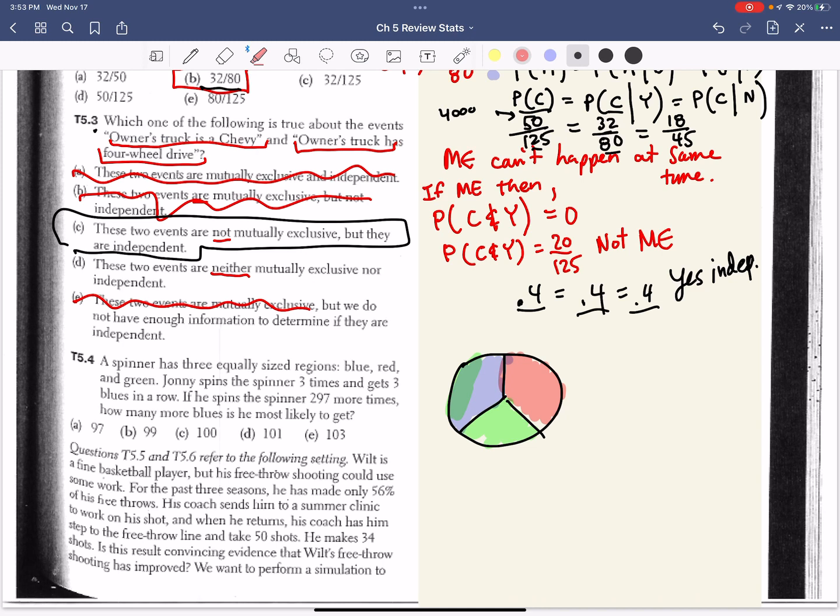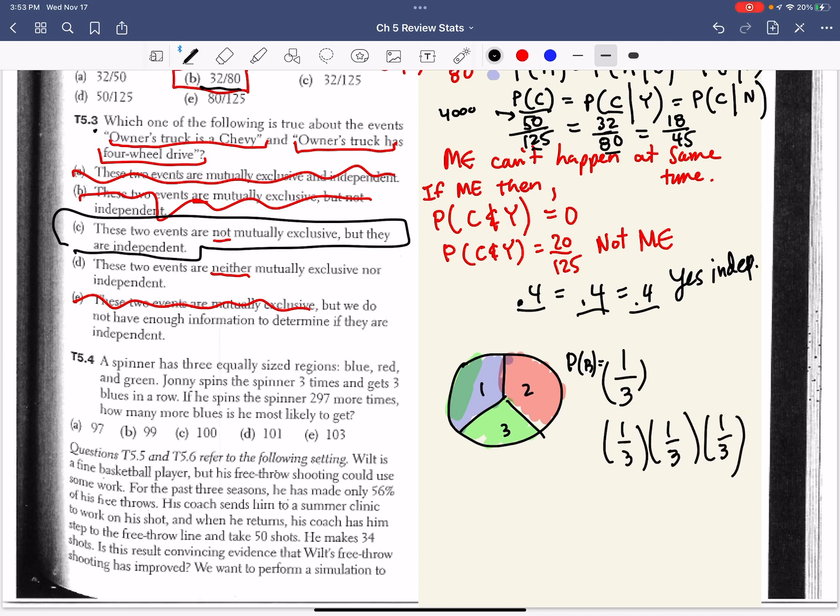He spins the spinner 3 times and gets 3 blues in a row. So that's the probability of blue, right? Because there's 3 spaces. And then 3 in a row would be 1 out of 3, and 1 out of 3, and 1 out of 3. 3 in a row.